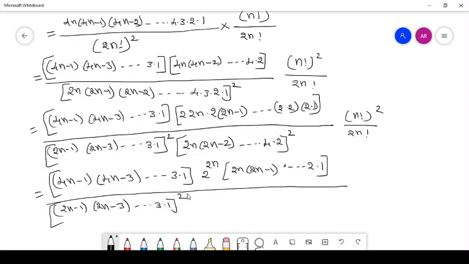Here also we are taking 2 common: 2n into 2 common, this value is n minus 1, next value is 2 into n minus 2, like that. This is equal, 4 can be written as 2 into 2, 2 can be written as 2 into 1, whole square, into n factorial whole square by 2n factorial.